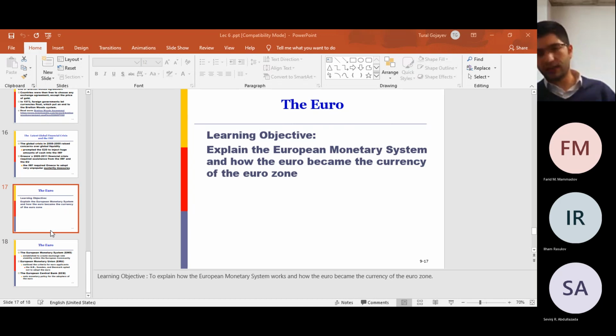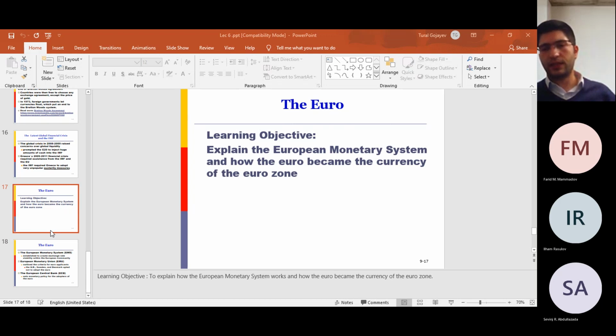There are some criteria in order to be part of this Economic and Monetary Union. Some countries still use their own currency. This is one of the criteria. That's why they are not included. For example, we said Norway is one of them.